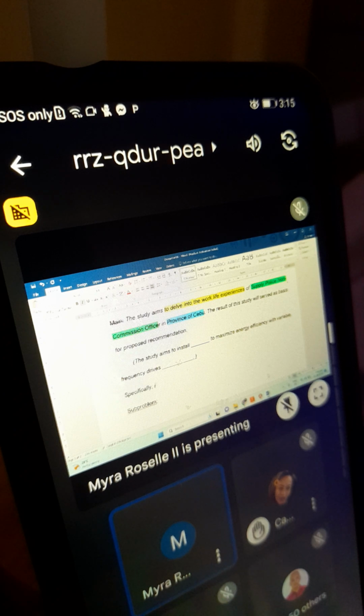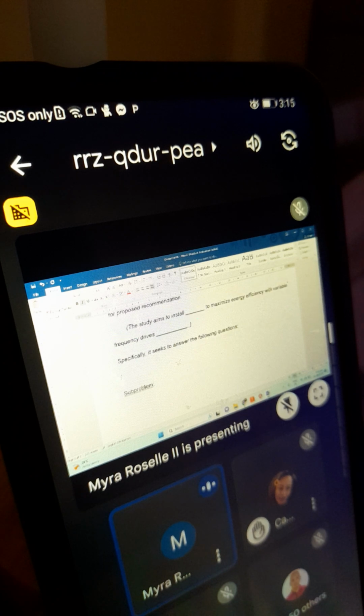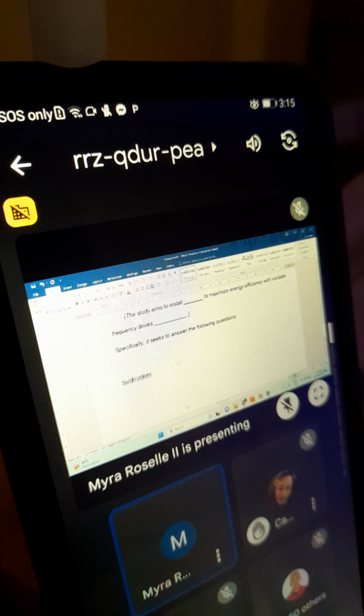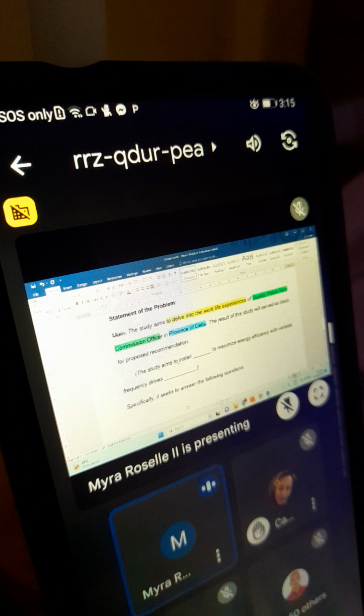Specifically, for purposes of presentation, in present tense, it seeks to answer the following questions. This is now your sub-problem. I highlighted this here because we will be using it in the making of the sub-problem.